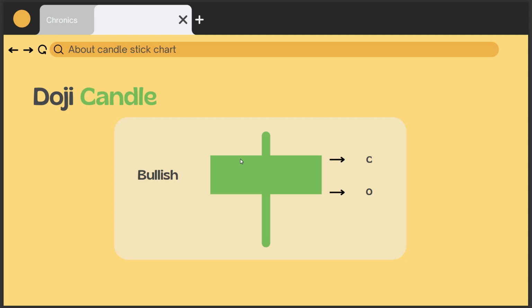So the buyers start buying, then the bears try to pull, and then again the buyers try to buy, and it stops at one point. So this is how a doji candle works.